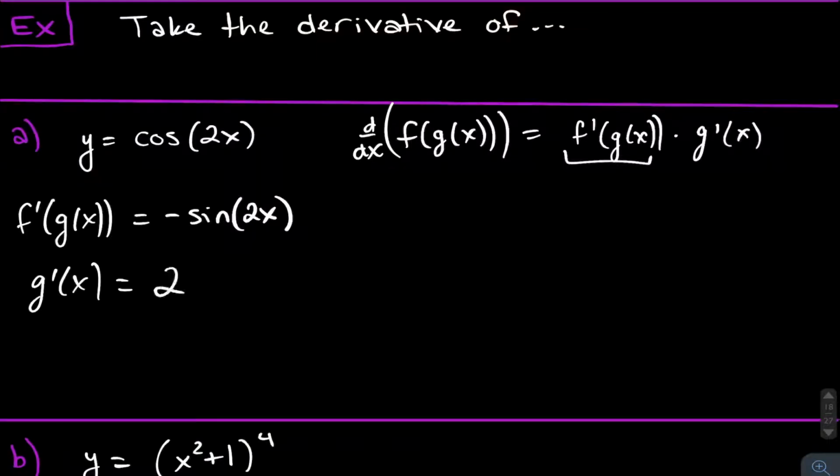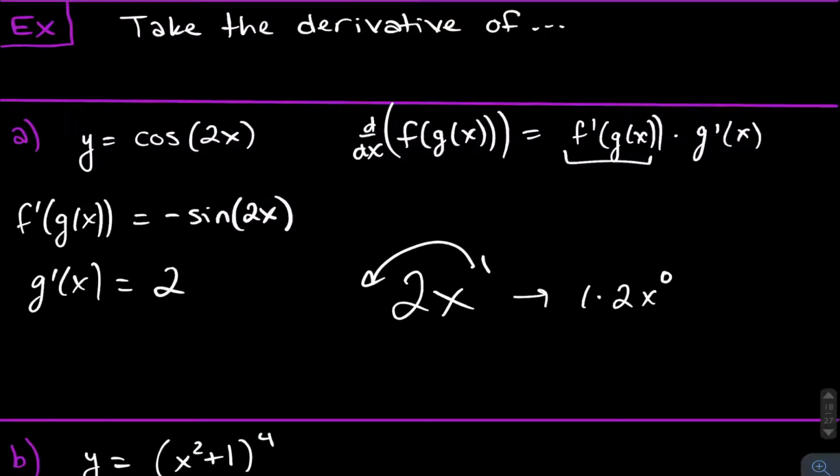g prime of x is the derivative of the inside, the derivative of 2x. Now, what's that derivative of 2x going to be? According to the power rule, it's just going to be 2. Here's why: we have 2x to the first power. We move this 1 in front, so we have 1 times 2, and x to the power of 1 minus 1, which is 0.